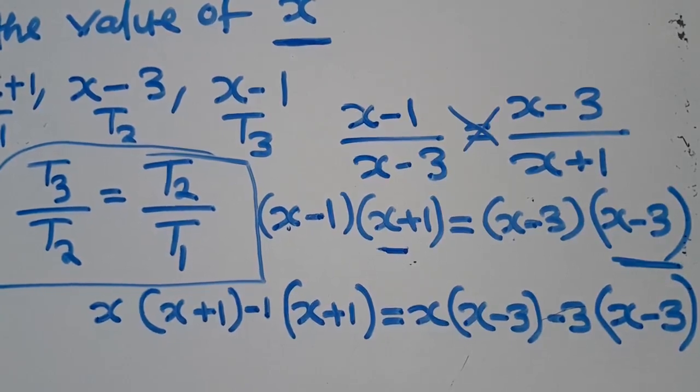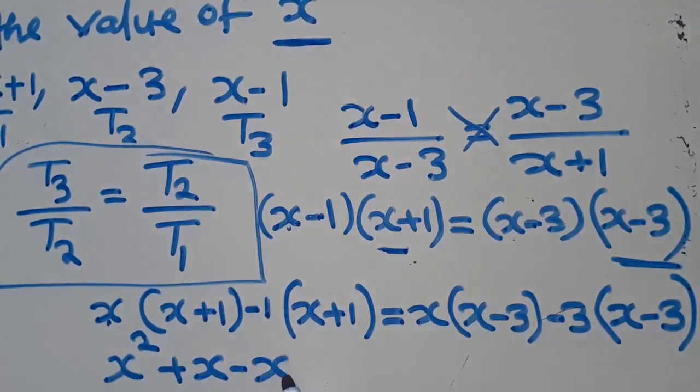So how do you expand? X times x is x squared. X times 1 is x. Negative 1 times x is negative x. Negative 1 times 1 is minus 1, which is equal to x times x, which is x squared.